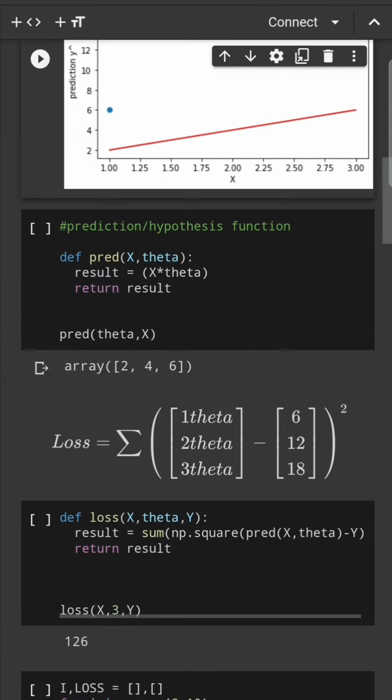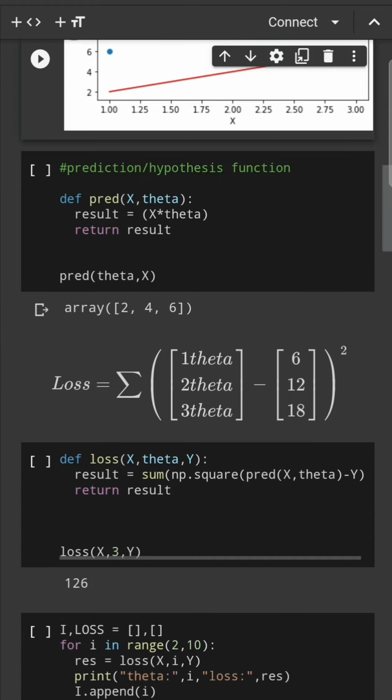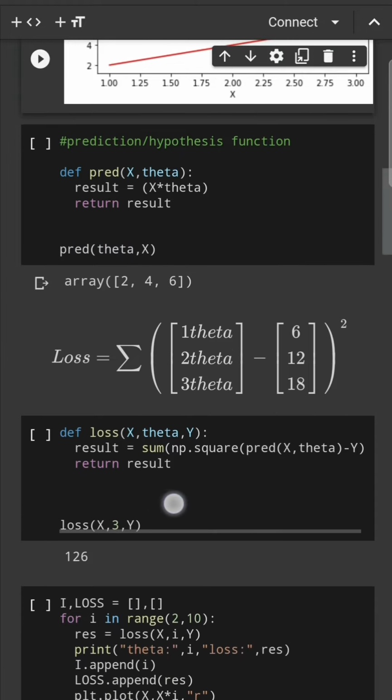Loss is equal to the sum of all the prediction minus actual label, squared. Why are we using square? As I've told you, modulus doesn't work for differentiation. We can't differentiate a modulus, and we wanted to keep things positive, so we use square, and squares can have derivatives. So this is our loss function, which I have written over here.